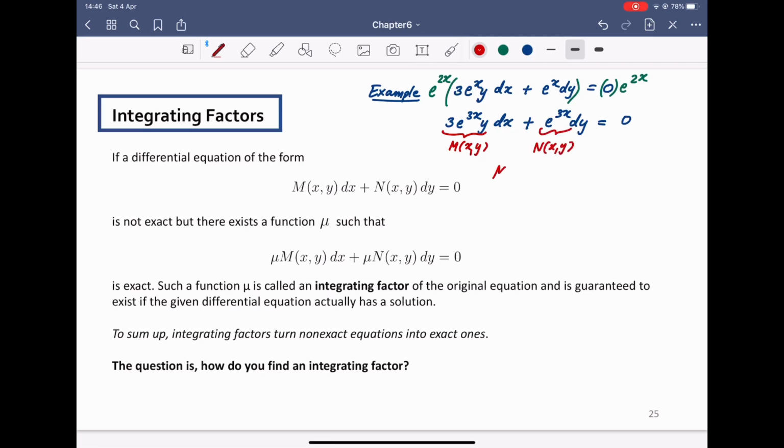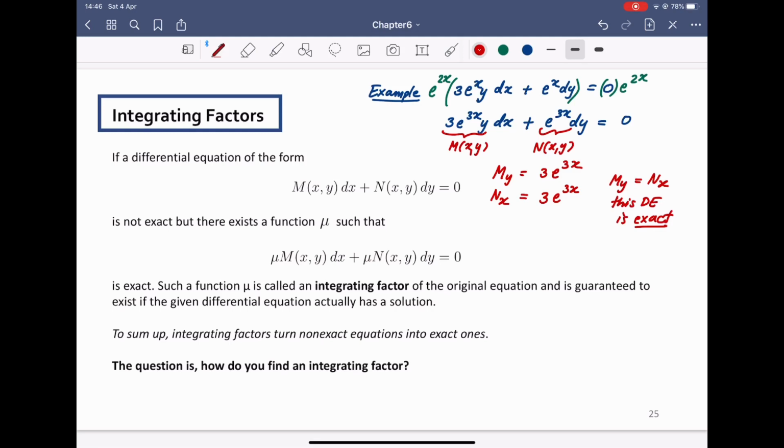If I differentiate M with respect to y, I get 3e^(3x). I differentiate N with respect to x, and I get e^(3x), but by the chain rule you have 3 here. So now M_y equals N_x, so this differential equation is exact. Wow. After that you can use the exact differential equation technique to solve it.